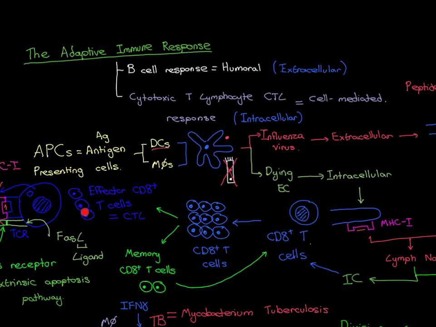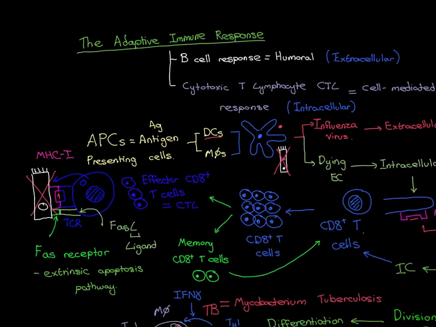Now remember, these are directed against a specific peptide fragment, but you will have concurrent activation of these CD8 positive T cell pathways, so multiple different CD8 positive T cells directed against different peptide fragments of the influenza viral antigens will be activated in this way. You'll have loads of these pathways being initiated, so you'll get loads of different effector CD8 positive T cells produced, directed against different peptide fragments of the influenza viral antigens.